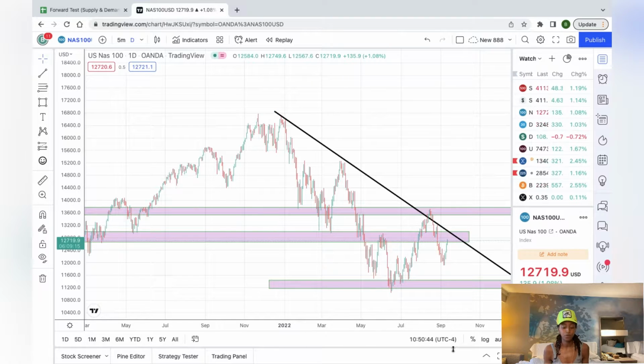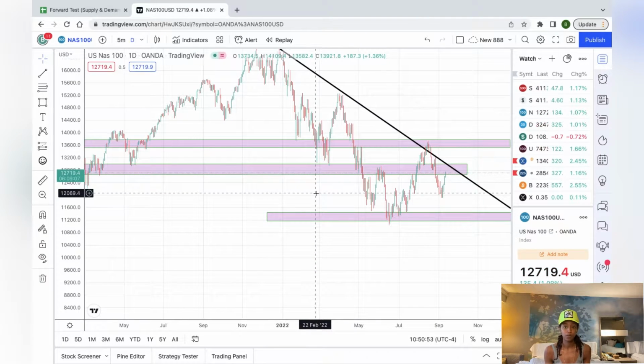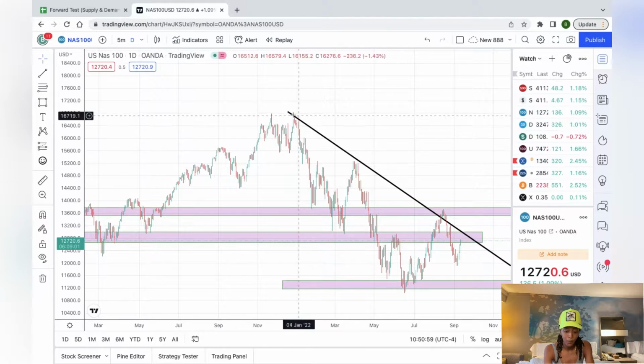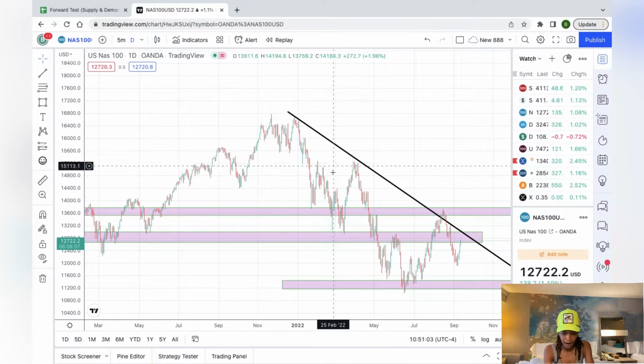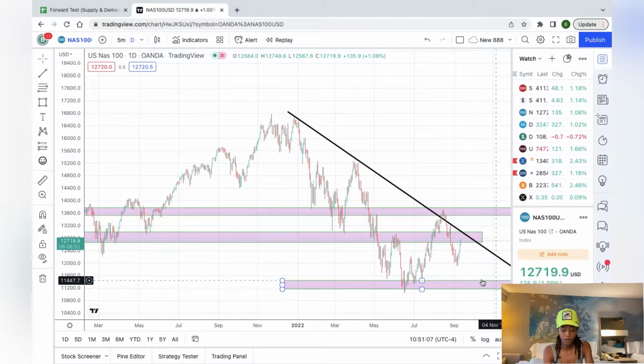Now family, if you took my master class, you already know how to identify trend lines. You know what I'm saying? Now this is just putting it into practical knowledge, bringing it to the actual charts. It's the same thing as the master class, family. We got our higher highs, and then it gets to a lower high, and if it kept going, it would probably be a lower high again.